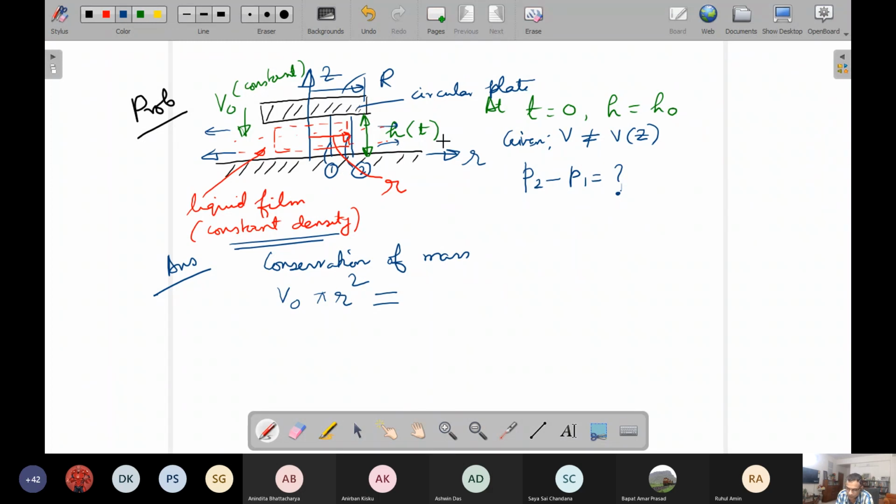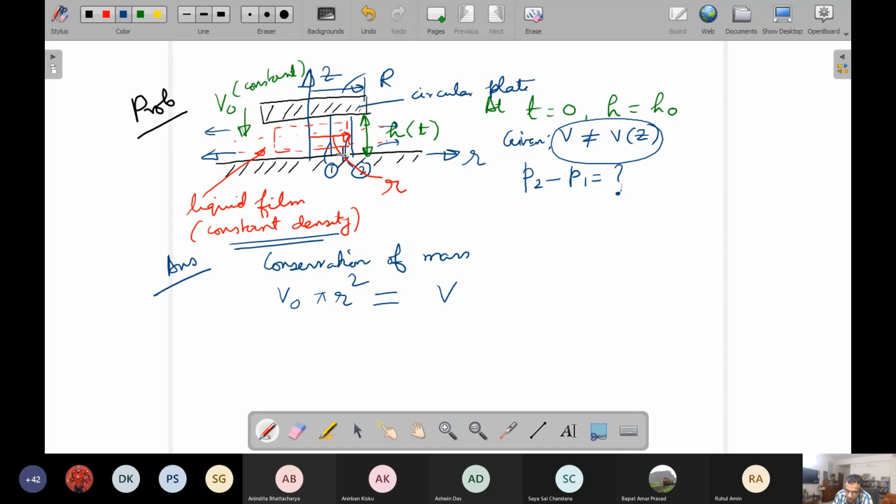So what is that radial velocity? If the radial velocity is v at a given r, and v is not a function of z, that means the velocity varies only along the radial direction.